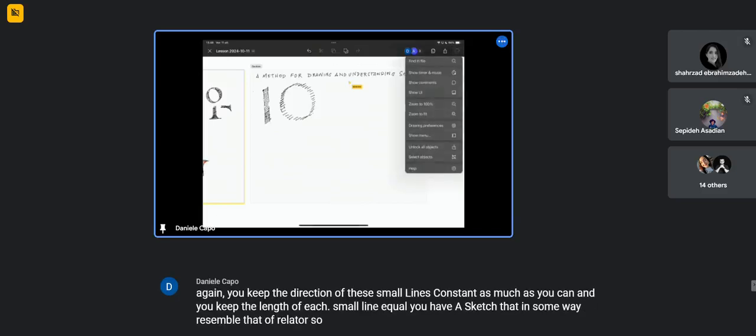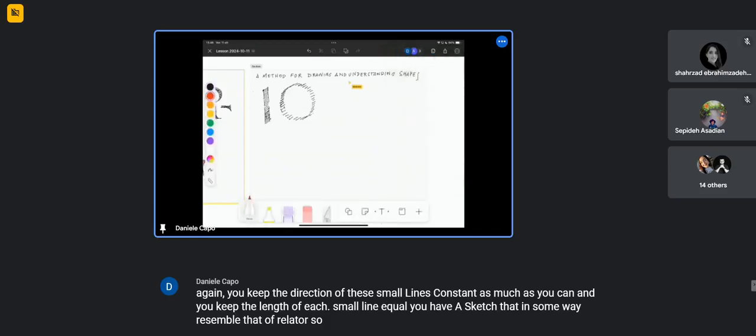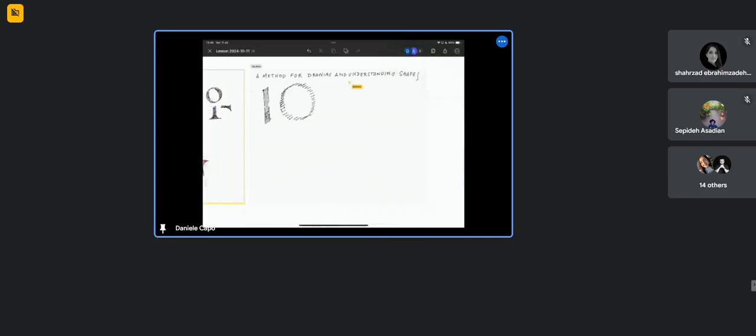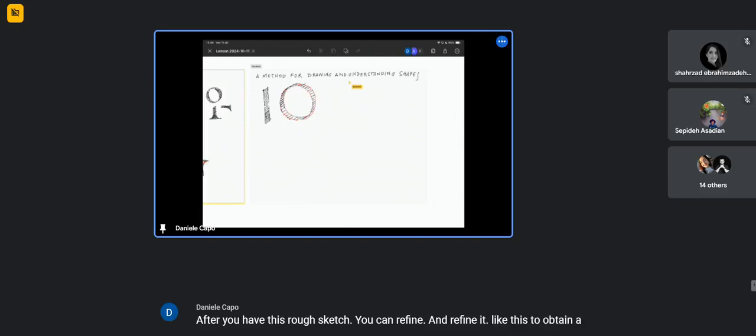So after you have this rough sketch, you can refine it like this, to obtain a consistent shape.